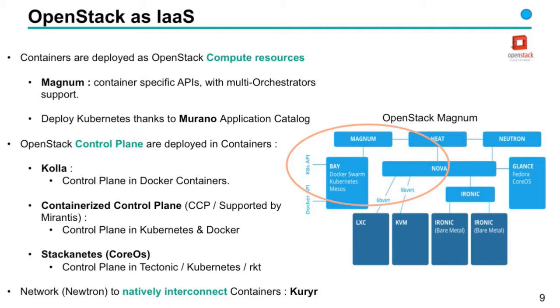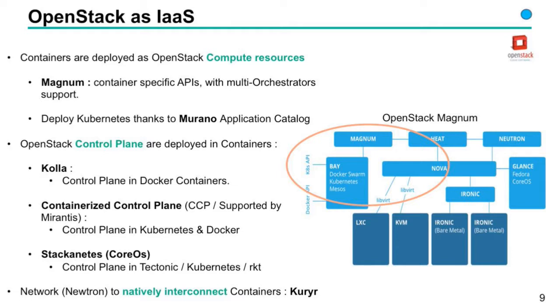Since it's quite a hot topic, we have other interesting projects that are addressing similar containerized control plane deployments. One interesting one is supported by Mirantis, which is the containerized control plane, where Kubernetes is used to deploy your Docker containers and your OpenStack control plane.